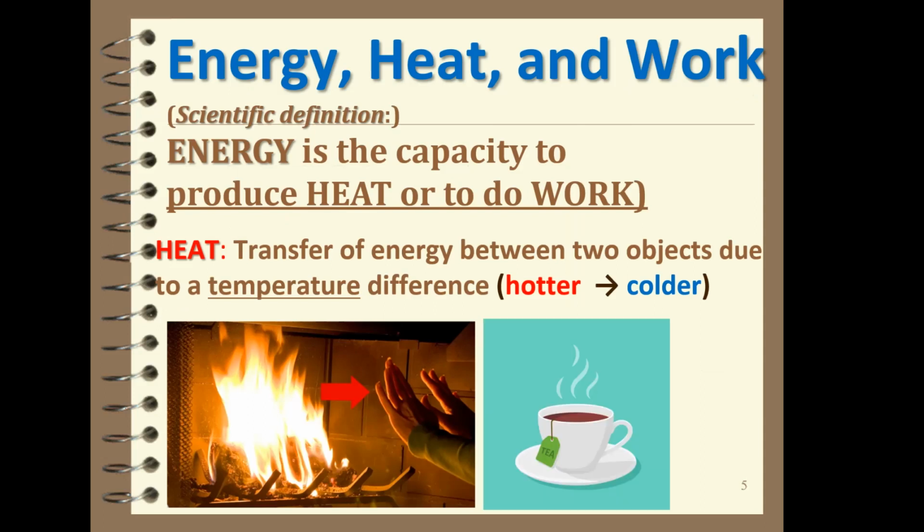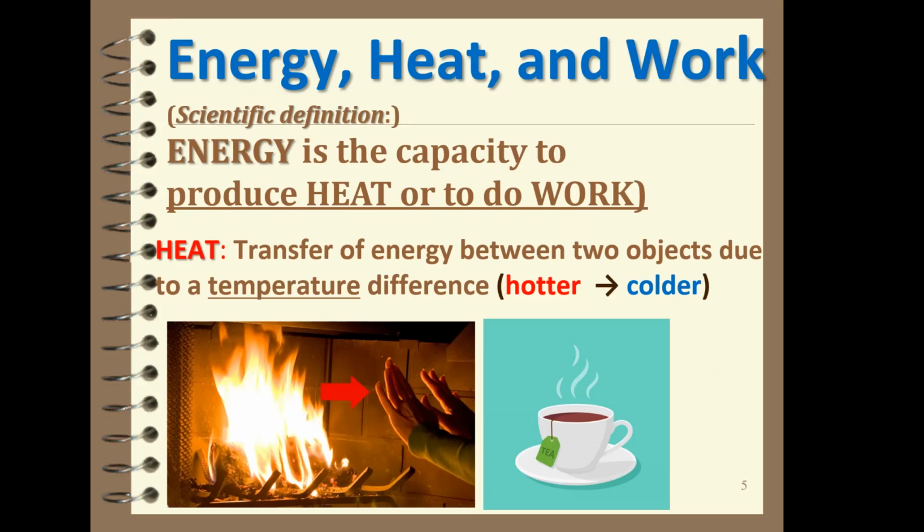Remember, you should know the definition of energy: the capacity to produce heat or do work. That's our scientific definition. It's not the way we use it in everyday speech. What is heat?